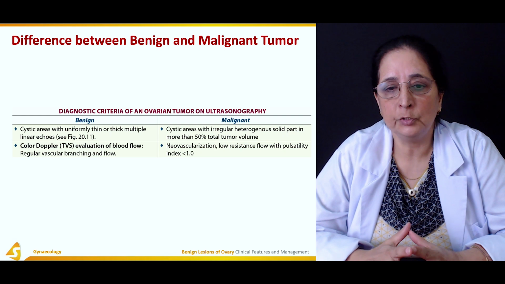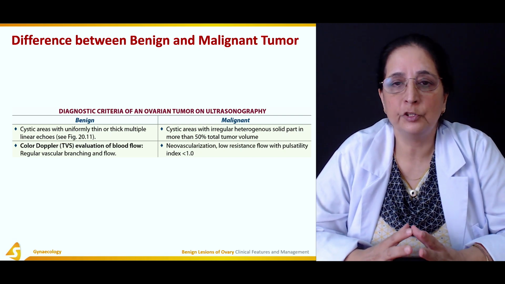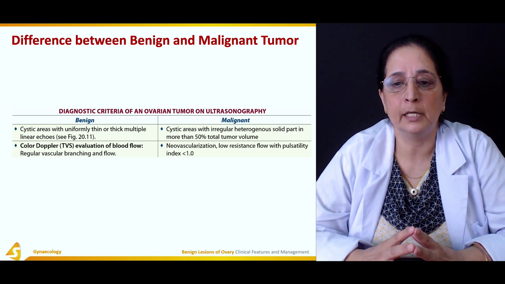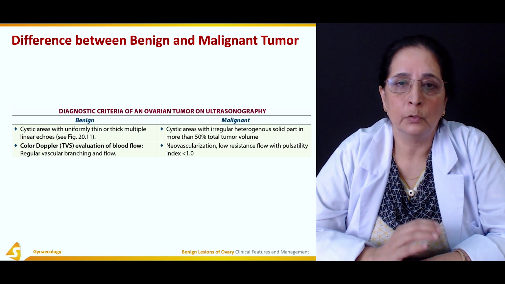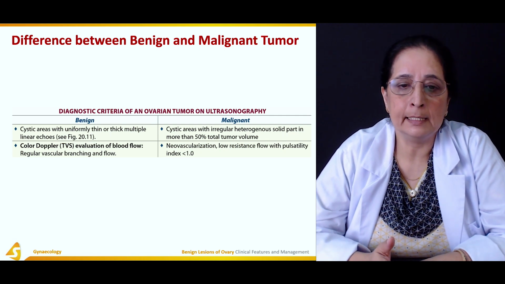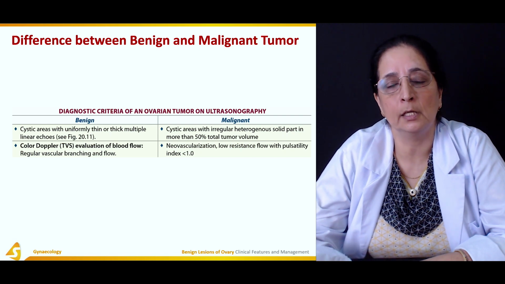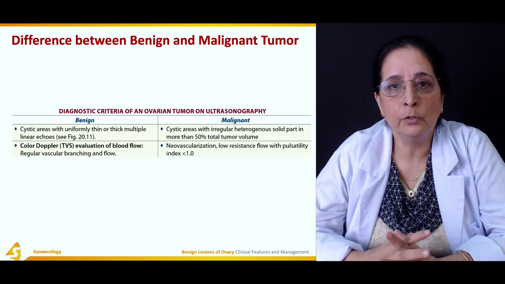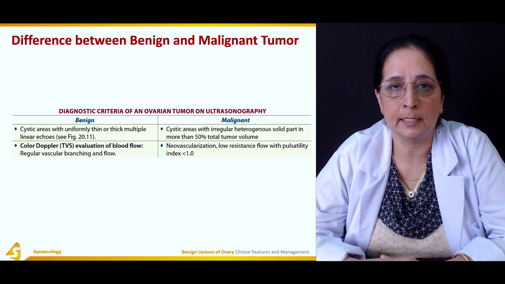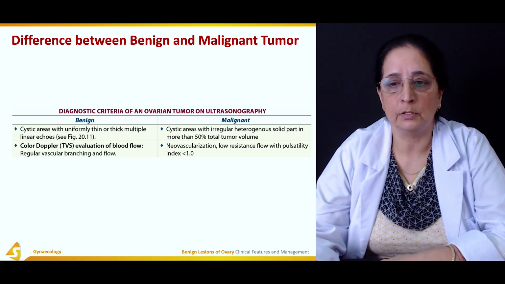In the malignant, usually there are cystic areas with irregular heterogeneous solid part, more than 50% of total tumor volume. So again, in malignant there is irregular cystic with the solid part present, and there is neovascularization present in the malignant tumors on ultrasonography.